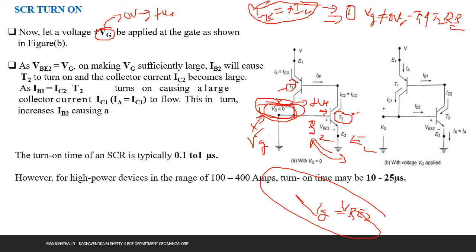So now as VB2 is equal to VG, whatever positive voltage we are setting at the gate is directly proportional to VB2, on making VG sufficiently large.